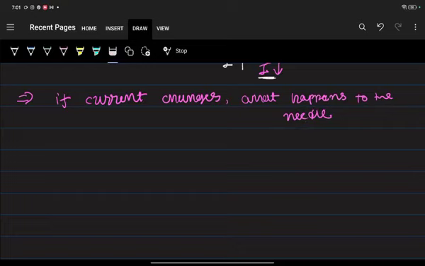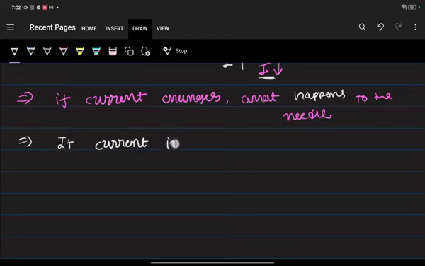Sorry about the handwriting. We have performed this experiment, right? So if the current increases, the deflection also increases, right?